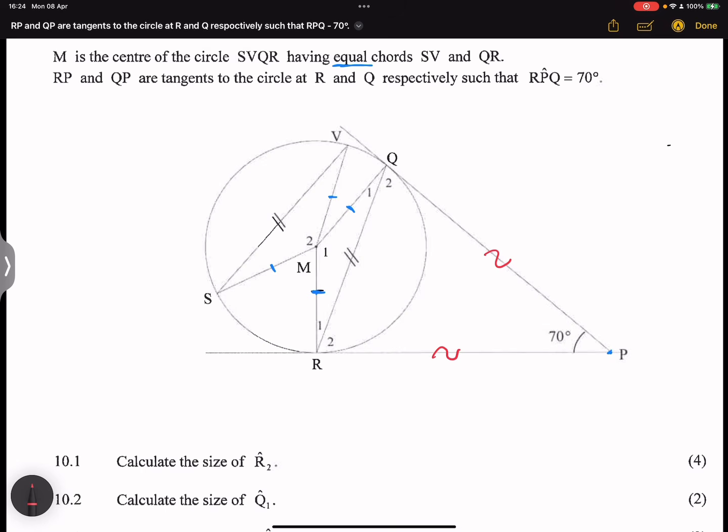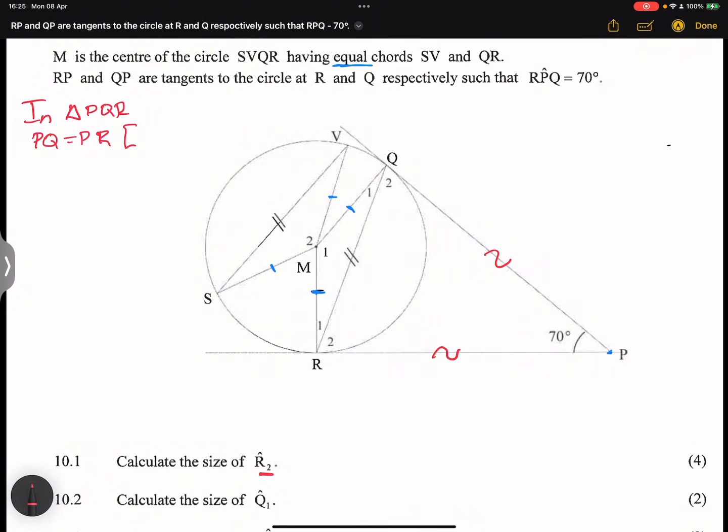Okay, right. So they want us to determine the size of R2. Okay, so let's start where we are. So in triangle PQR, we know that PQ is equal to PR. But why is that? We say these are tangents that meet at a common point outside the circle.